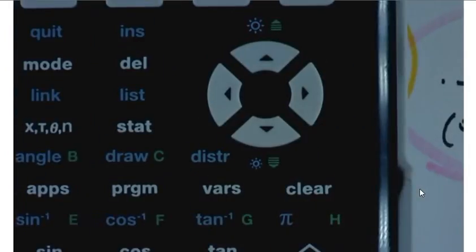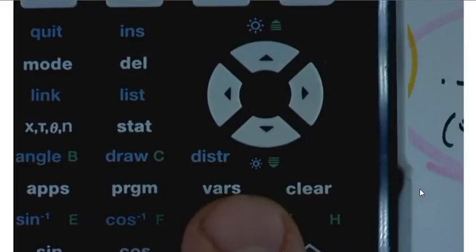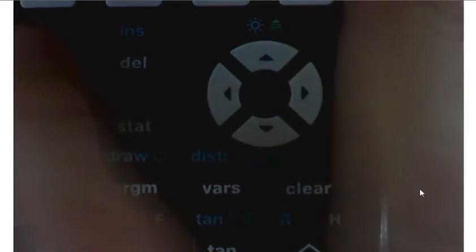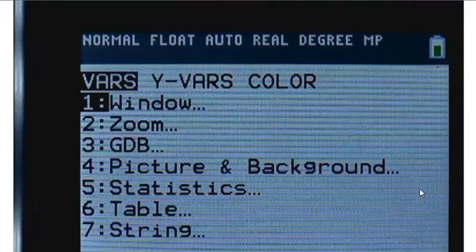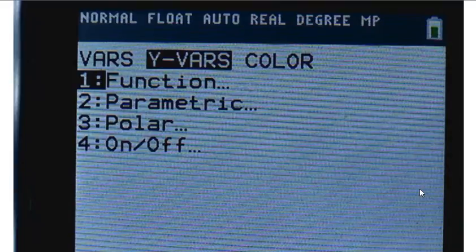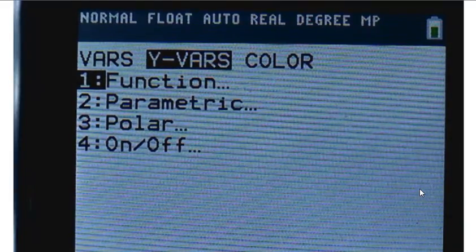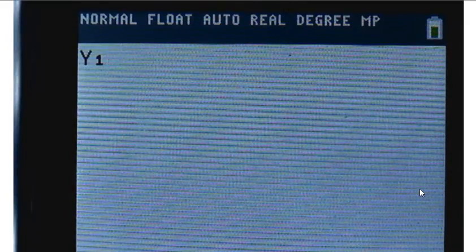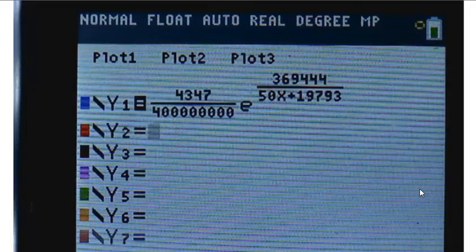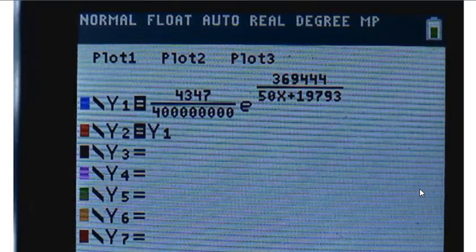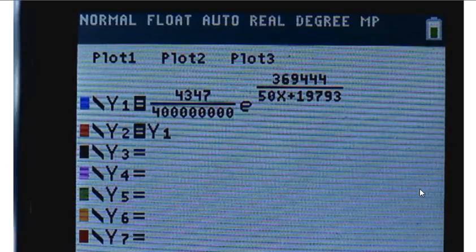It's right next to the clear key. Press the vars key, then go one arrow to the right. That gives you your function. Press enter, and press enter again. Oops, I should have done that in Y2. So vars. There. So now you have Y1.